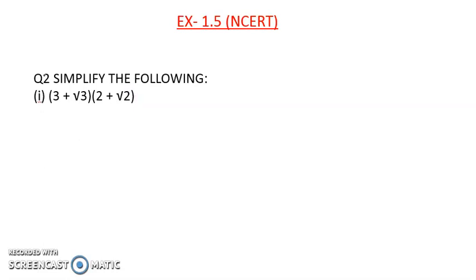The laws for this had already been explained in the class. I will repeat again during the live classes and now also. So understand the question. How to solve this type of question? Always remember root a into root a is equal to a. Example, root 3 into root 3 is equal to 3.